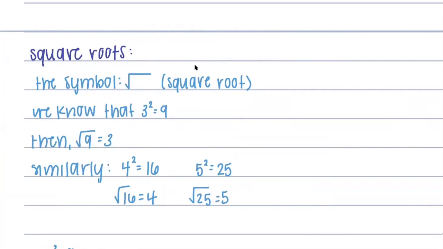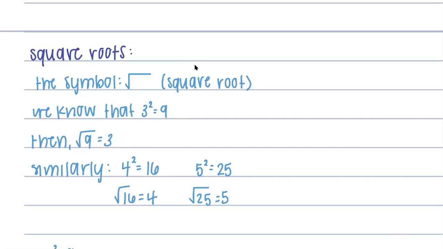We know that 3 squared is 9, right? So the square root of 9 is 3. Basically, what squared is 9 is your answer to the square root of 9. If you're asked, what is the square root of 9? You just think, what squared is 9?